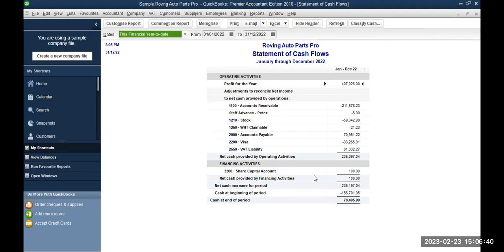All of that is reflected, and therefore the cash for the period decreased by that. That is why you have this $78,000 in cash and cash equivalents. So that's the statement of cash flows as well.